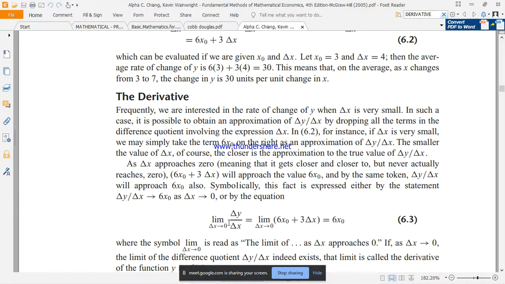Remember the definition of a limit is the value that the function is approaching as there is some change in some variable. If we keep on approaching that particular value but it's not reaching it, what is the maximum that I can get? That is what the limit is telling us.